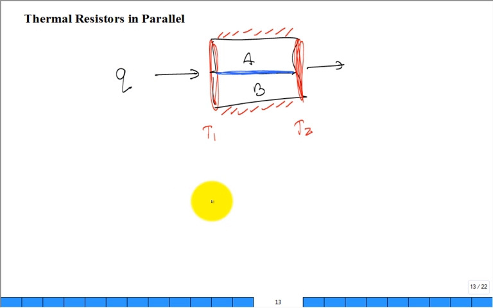So you would put a node for temperature T1, T2, and I can flow either in the top half or bottom half, through material A or through material B.